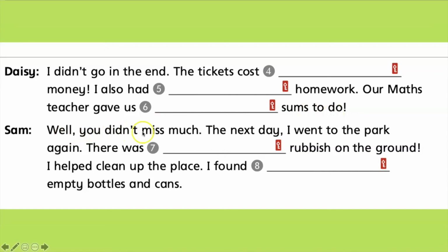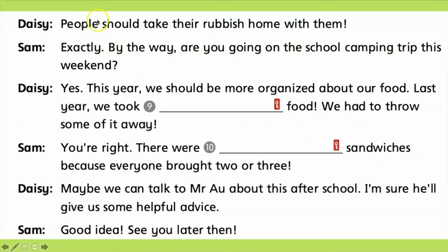Well, you didn't miss much. The next day, I went to the park again. There was rubbish on the ground. I helped clean up the place. I found empty bottles and cans. People should take their rubbish home with them. Exactly. By the way, are you going on the school camping trip this weekend?